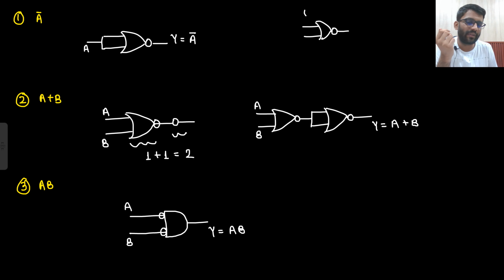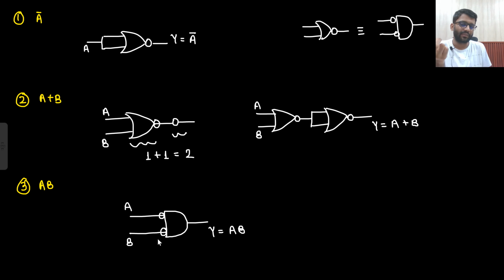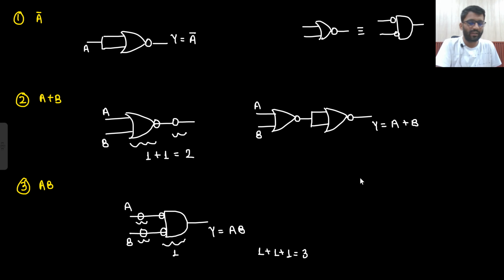This bubble will come upward, this bubble will come in front, and this gate will become NOR gate. Okay, so this is a NOR gate. So if I am introducing 2 bubbles from my side, I need to introduce 2 more bubbles. So 1, 2 and 3. So answer will be 1 plus 1 plus 1. Answer will be 3. And you can make it on your own as well. How will you make it?